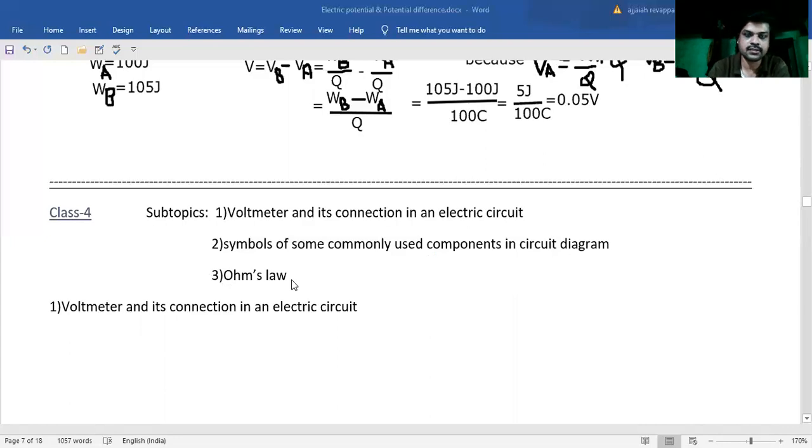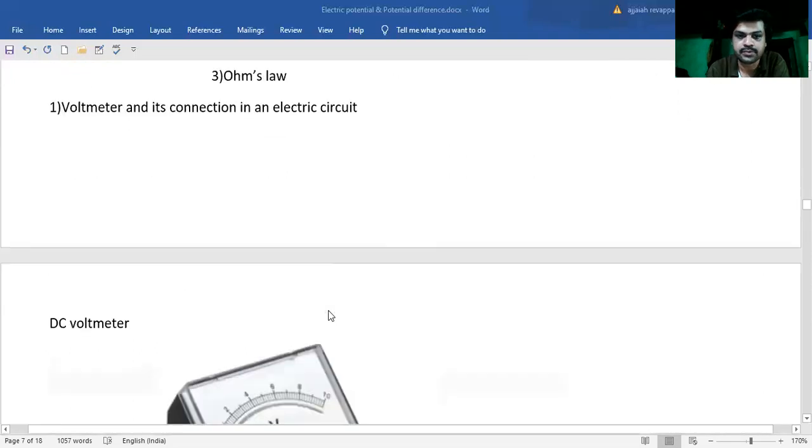Last year you learned many laws like Newton's first law, second law, third law, then law of conservation of energy, law of conservation of momentum. So many laws we learned last year. This year, this is the first law we are coming across. So fine. We'll take the first one, voltmeter and its connection in an electric circuit.